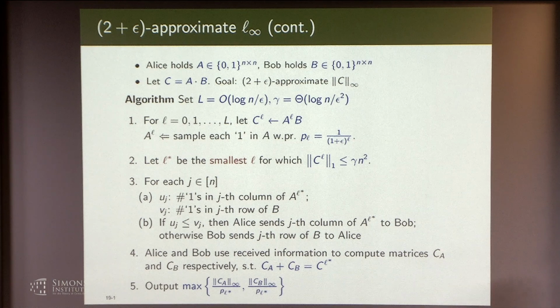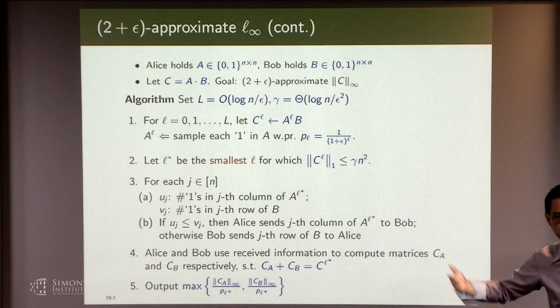The subsampling can be done in one pass. Alice just samples A and sends some information to Bob, and Bob can compute those CLs exactly. The communication cost for this is very small, because Alice doesn't have to send the whole AL. She just sends the number of ones of each column of AL, and that's enough.